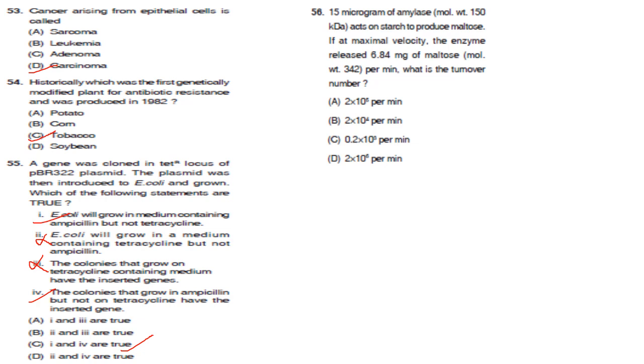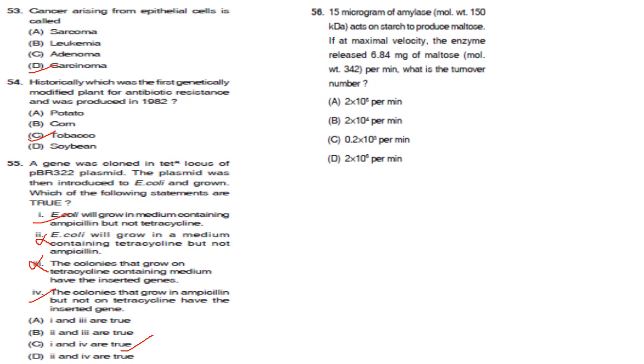Then next one, E. coli will grow in medium containing tetracycline but not in ampicillin. That is not correct. E. coli will not grow in tetracycline containing medium. Then the colonies that grow on tetracycline containing medium have the inserted genes. The colonies that grow on tetracycline containing medium will not have the inserted gene.